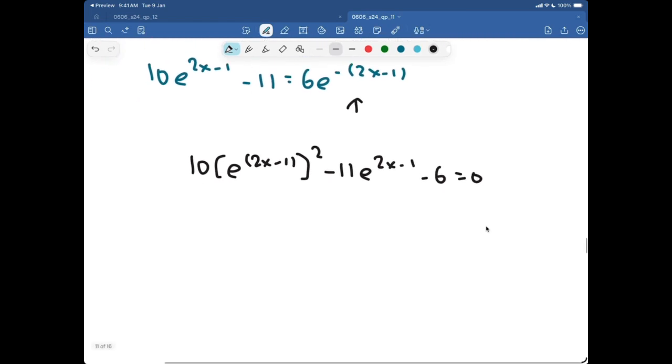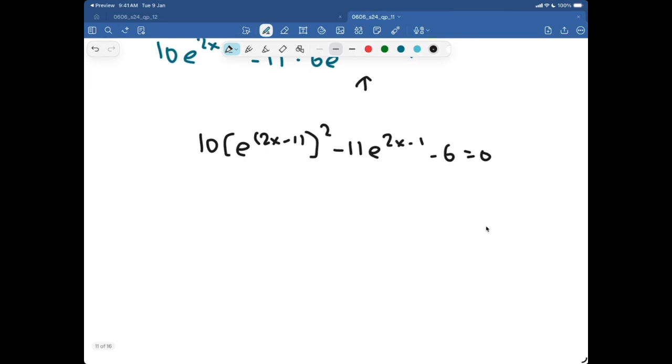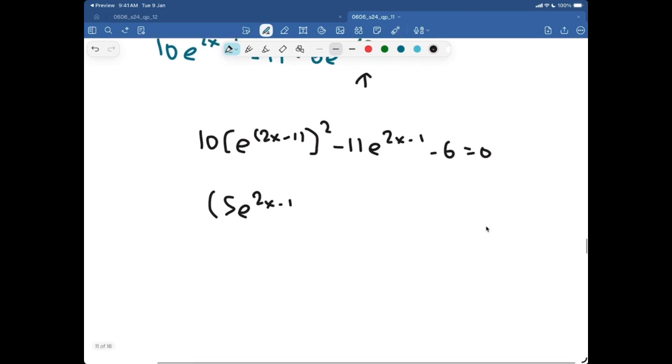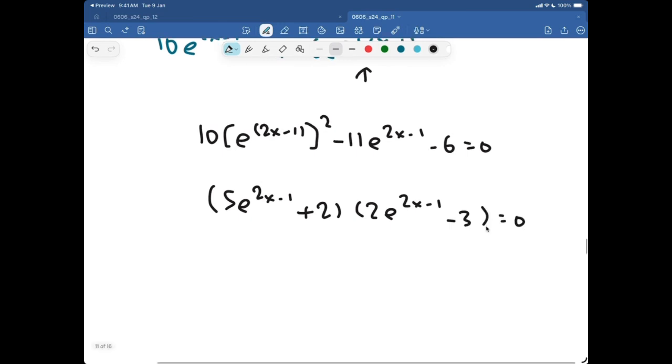And you can make a substitution, or you could just write 5e to the 2x minus 1 plus 2e to the 2x minus 1 minus 3 equals 0.